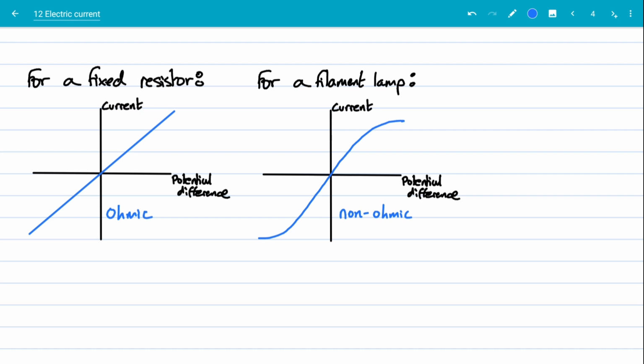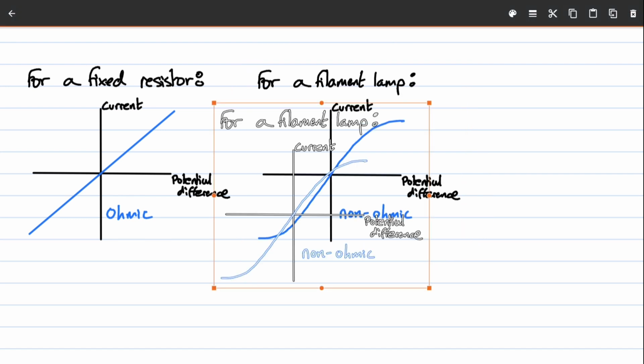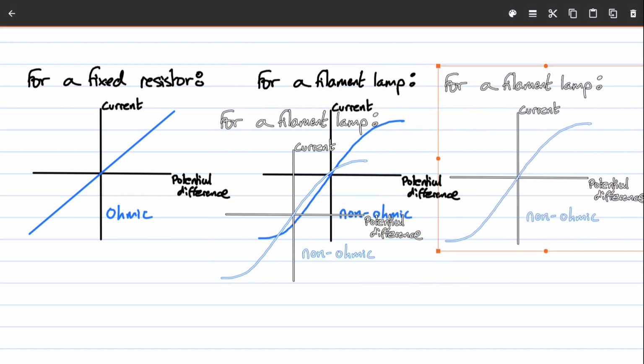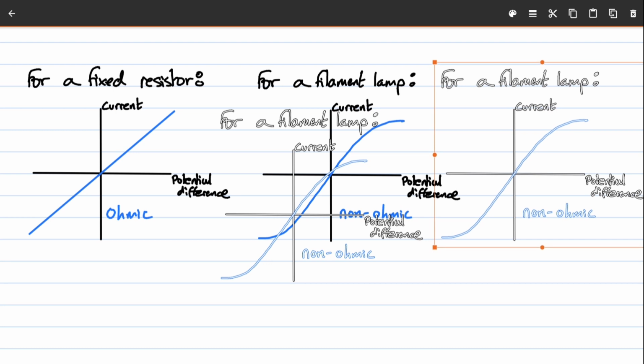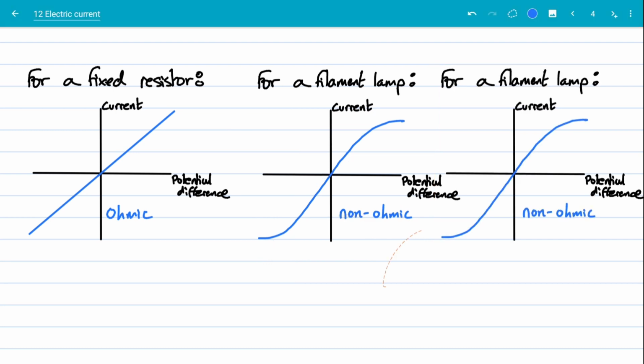The last component that you'll need to know about is called the diode. And this is all stuff that's done at GCSE level, but you might have forgotten it. So let's do it again anyway. Let's pop that right over there on the right.